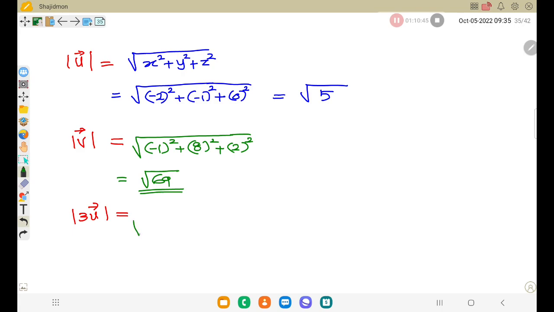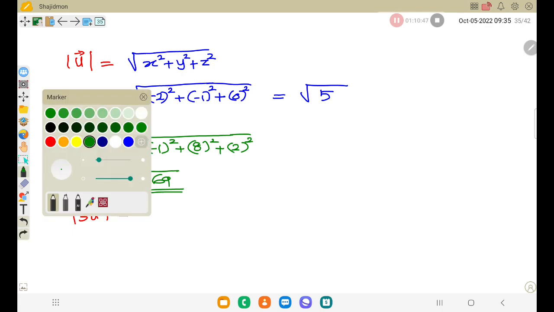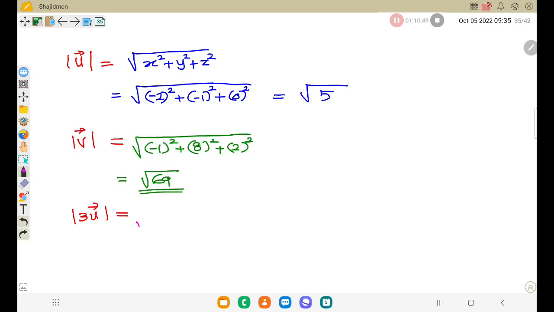Now the magnitude of 3 times vector u, correct? So first check 3 times vector u. 3 times what is vector u? (-2, -1, 0). So you can multiply: 3 times minus 2, minus 6, minus 3, 0.